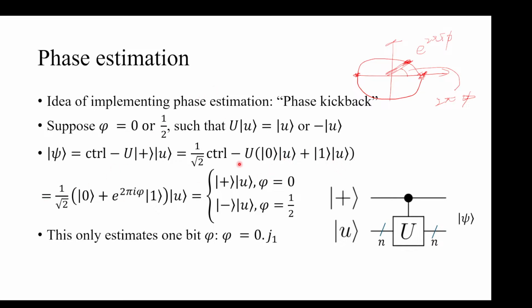And we see that control u on 0u, obviously nothing should happen, because you are 0 on the control register, and the control operation should do nothing. So 0u is still 0u.